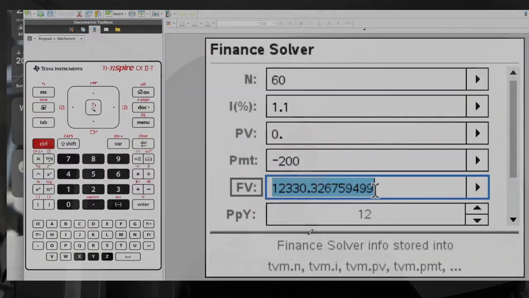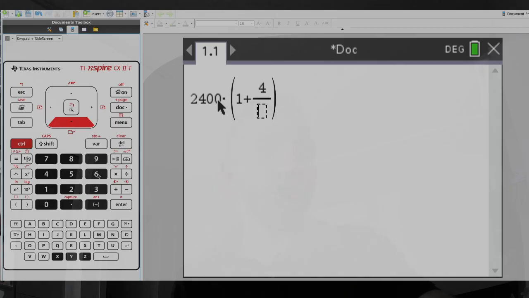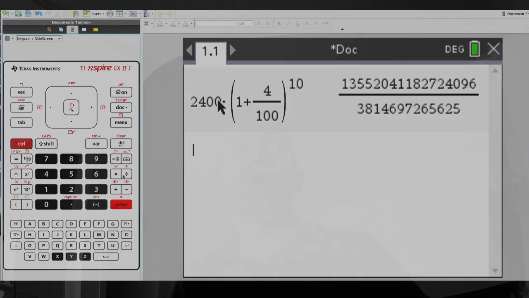So let's go and put this into the calculator. $2,400 times 1 plus R, which is 4%, divided by 100 times 1, all to the power of 10 times 1, which is going to be 10.